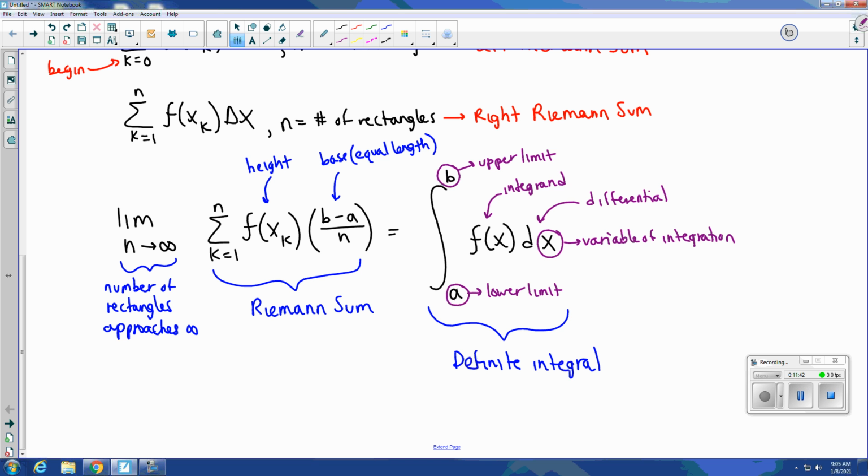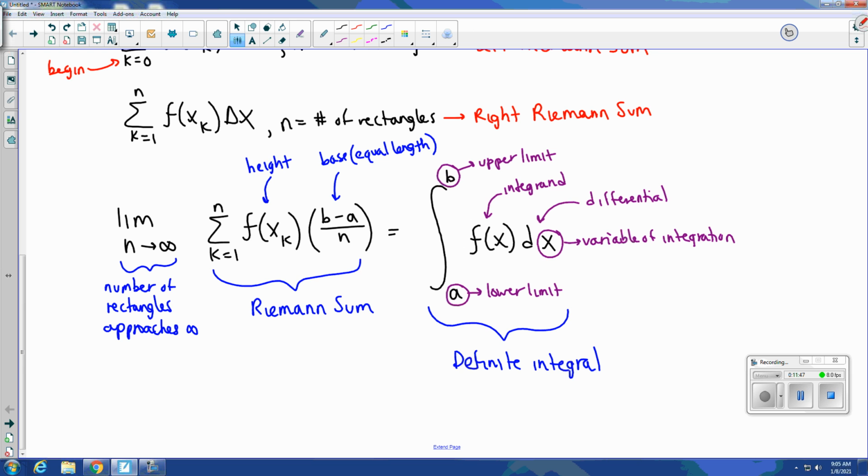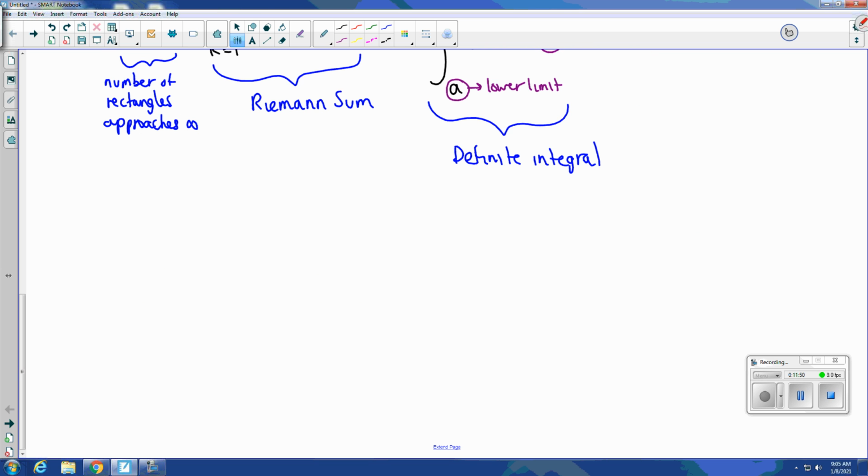Now you'll notice some similarities within the integral and the Riemann sum, because we know the integral now geometrically represents the exact area between the curve and x-axis.